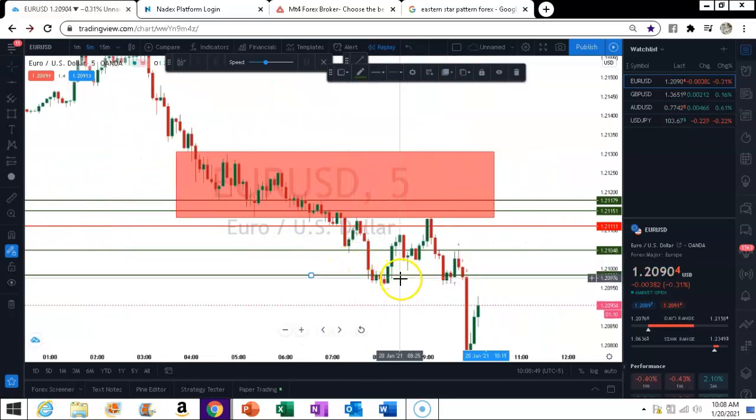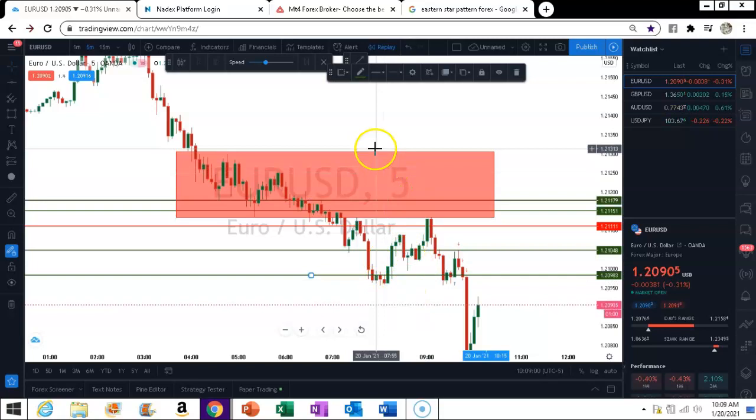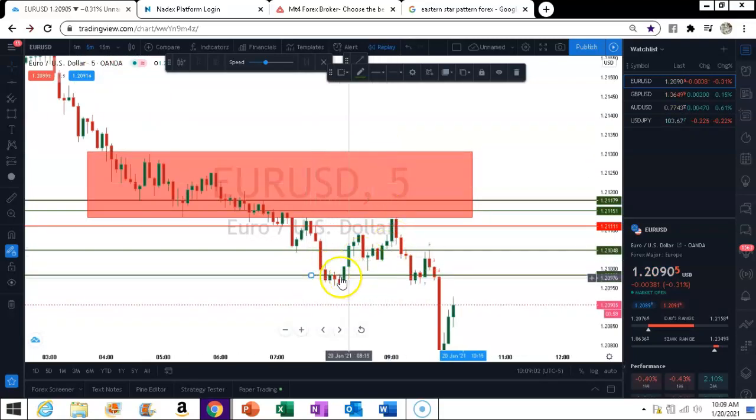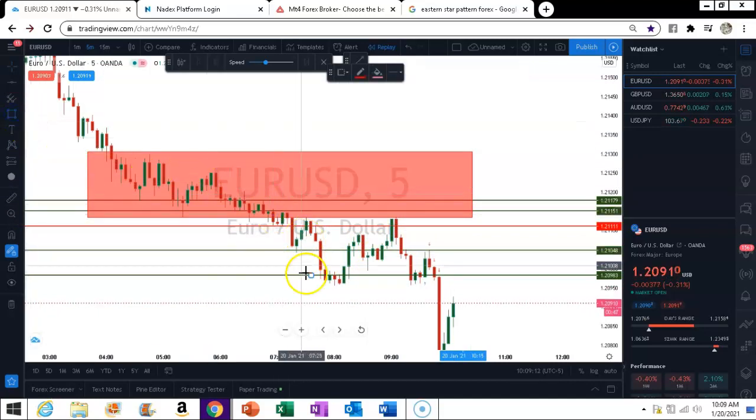So this is resistance right here. This is support. So at the point that you have a bullish engulfing, let me back up. So we hit a little small range right here, right? So you go again and take a rectangle and you draw the, you go and get the high.